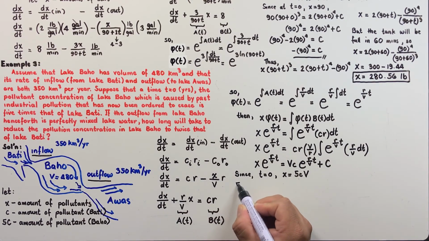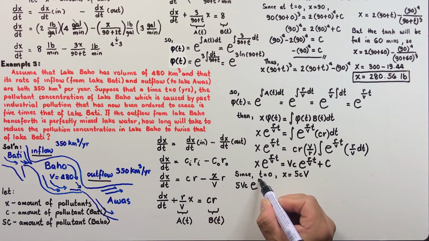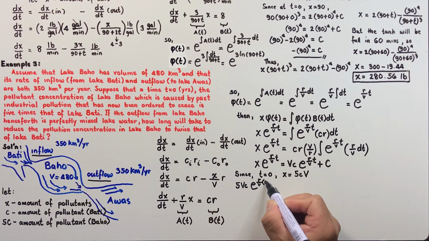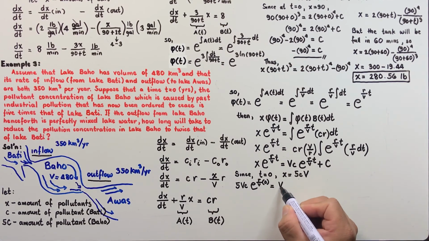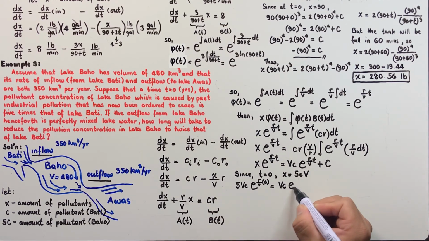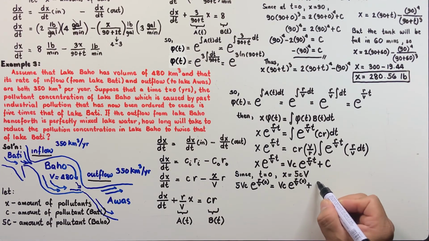So we have 5bc times e to the power r over v times 0, because our time is 0, is equal to vc times e to the power r over v times 0 plus the constant of integration c.